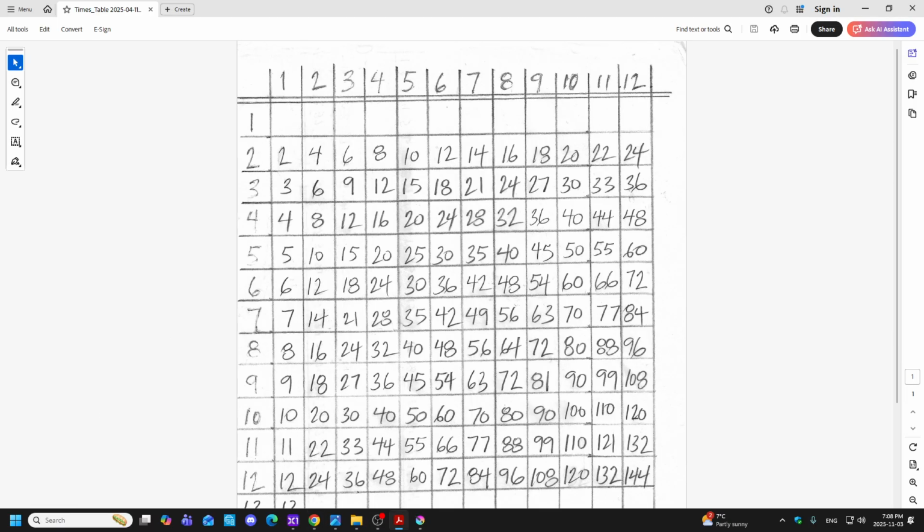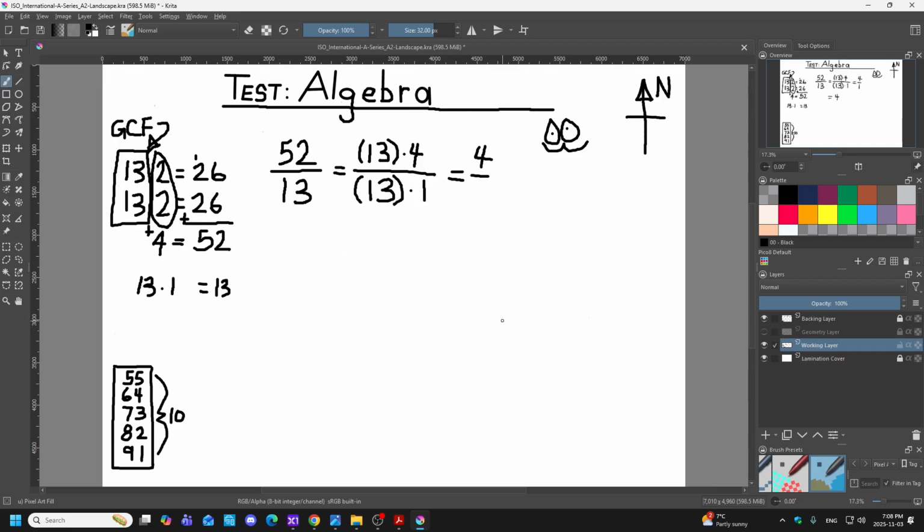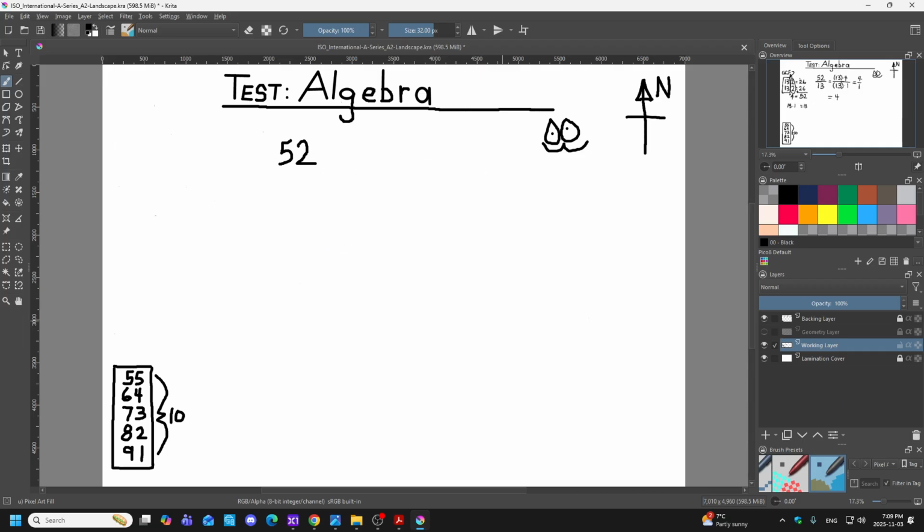Whoops, let's do another. 9 over 15. Fractions are fun, everybody. What we need to do is find our GCF. I call it the largest number.